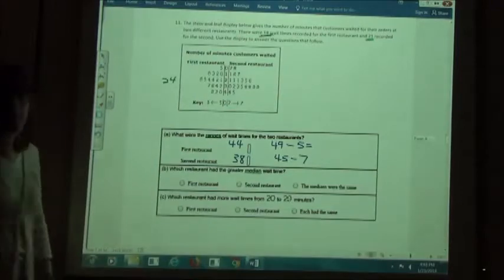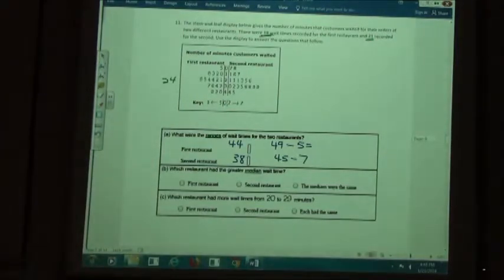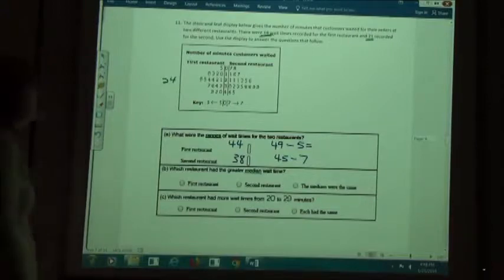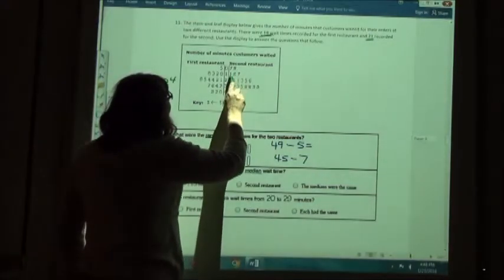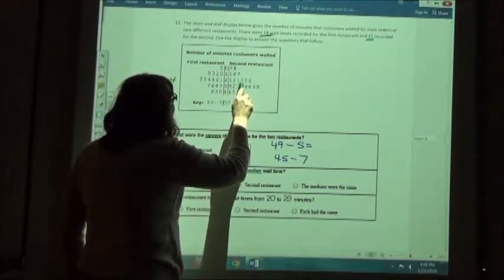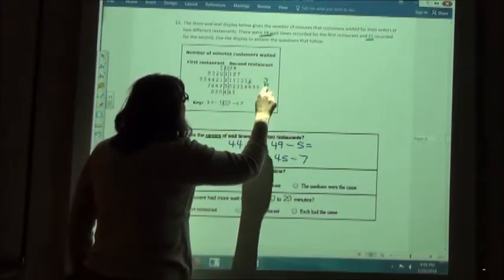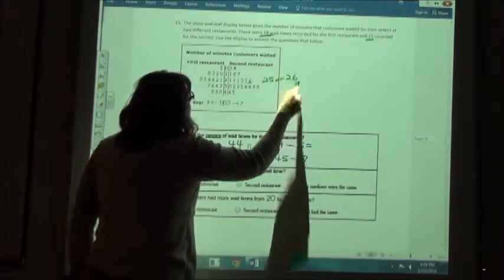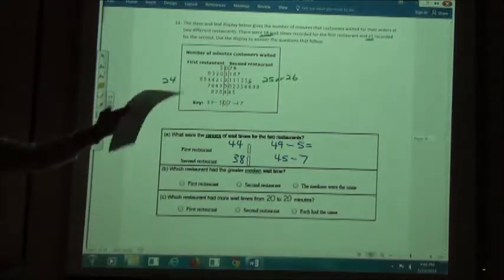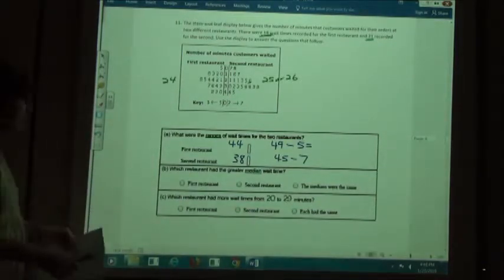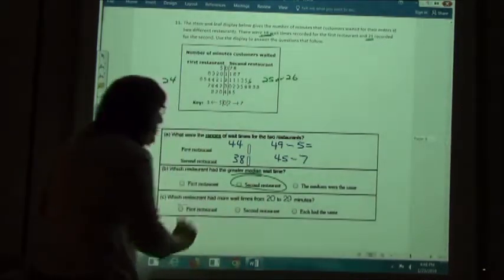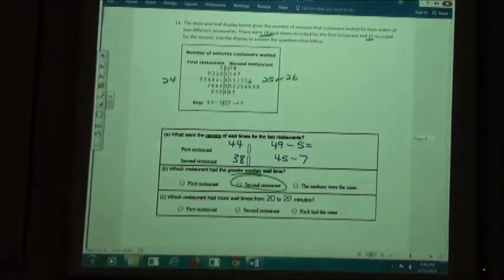Half of 21 would be 10 and a half, right? So which number would be somewhere about 10 or 11? 25 or 26, which one's higher? Well, the 25 or 26 is going to be higher, right? Second restaurant's going to be higher.